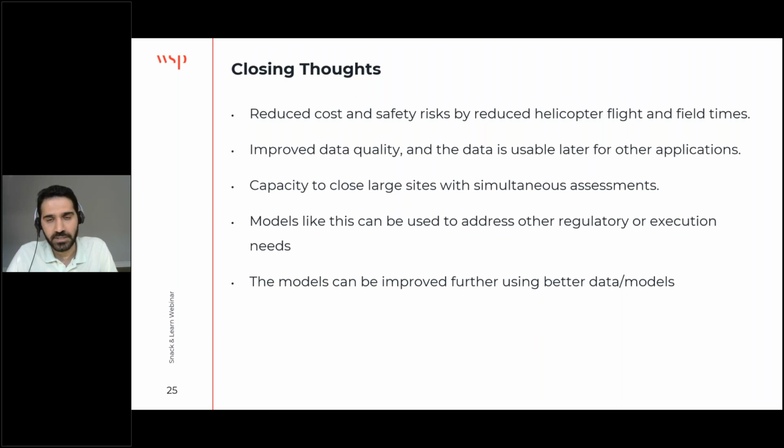Finally, I should mention this project was the first project that we initiated and worked on. Right now we know the gaps and how we can improve the model, and we believe that we can improve the model to get more accurate results in future projects.